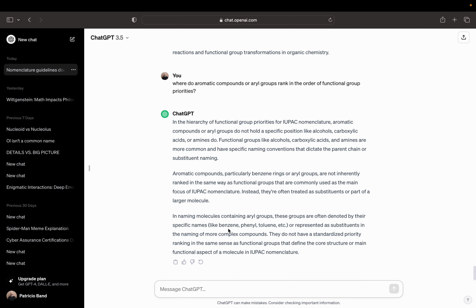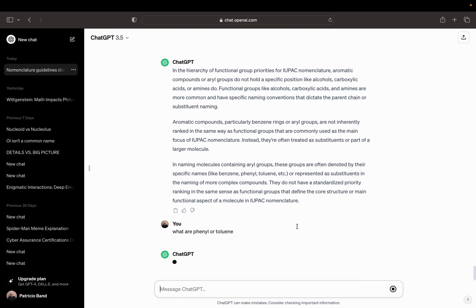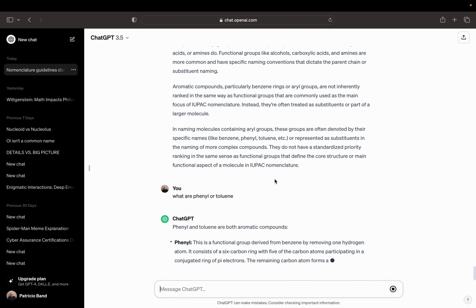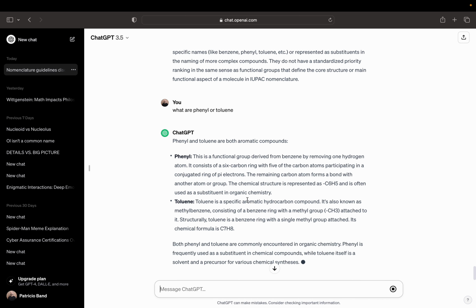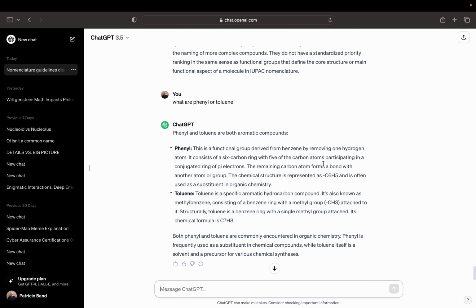So we have like benzene, phenyl, toluene. So the ene must come from double bond, right? Phenyl is derived from benzene by removing one hydrogen atom.